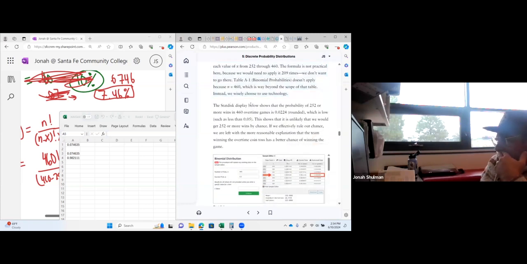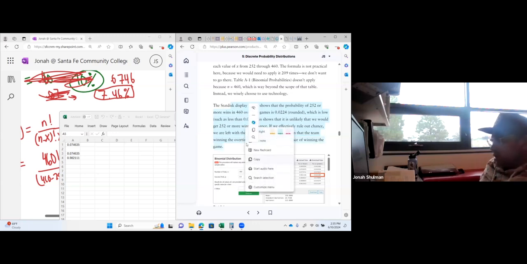The StatDisk display below shows that the probability of 252 or more wins in 460 overtime games is 0.024224 rounded, which is low, such as less than 0.05. This shows that it is unlikely to get more wins by chance. We effectively rule out chance. We are left with a more reasonable explanation that the team winning the overtime coin toss has a better chance of winning the game.